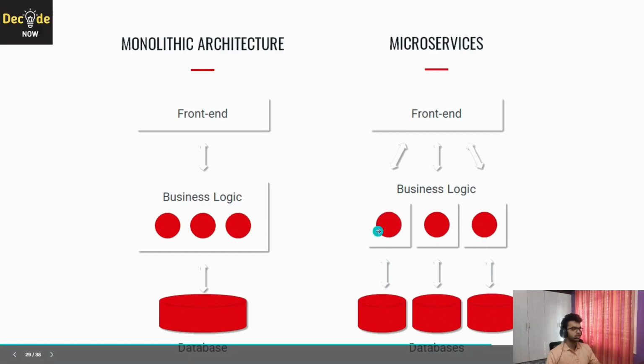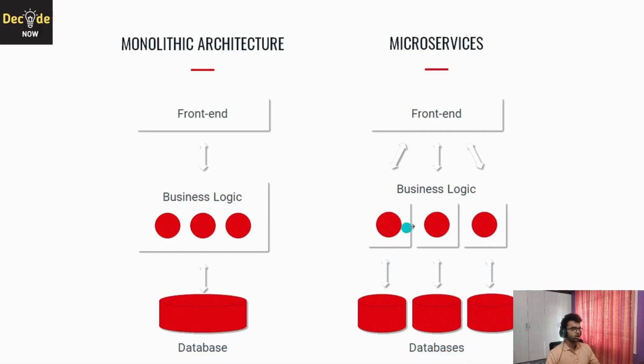And now there is no limitation for each team to wait for other changes to go to production. They can do their own deployments, they are loosely coupled with each other, and they can also choose their own technology. So this is the difference between monolithic architecture and microservices.